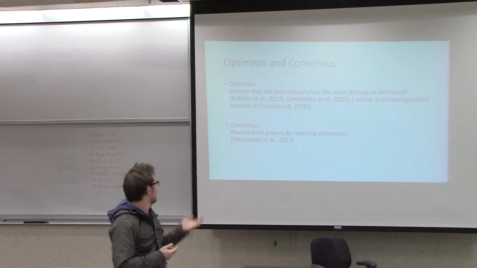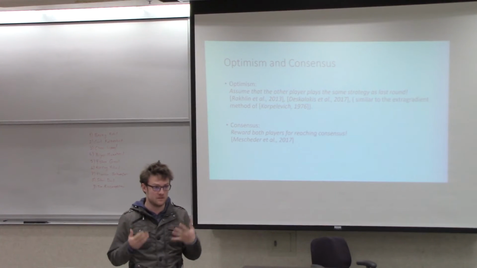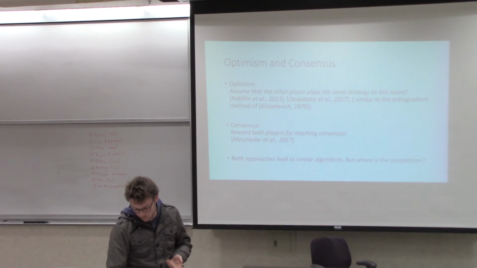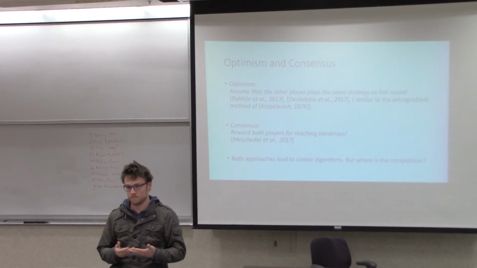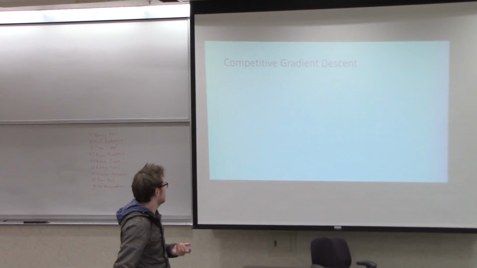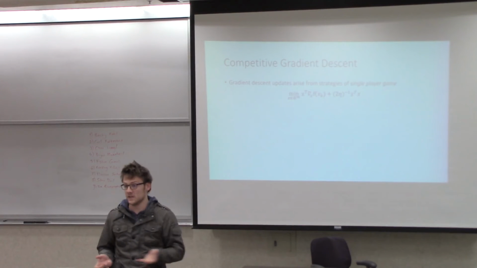But we all know that optimism and consensus, that's not how the world works. In particular, that's not how zero-sum games work. So the question is, can we get the competition back into these algorithms? An interesting analogy is to start with ordinary gradient descent just for the minimization problem.